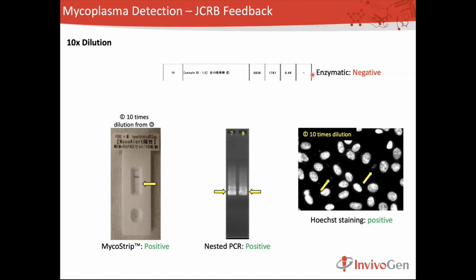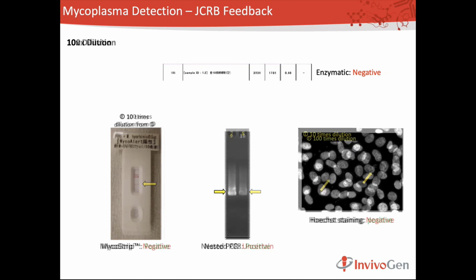After the 10-fold dilution, the enzymatic assay could no longer detect the mycoplasma, although there was still mycoplasma inside, because we know as we prepared the dilution sample. MycoStrip, 2 bands, still positive. Nested PCR, still good. Hoechst staining, still good. So how about another tenfold?